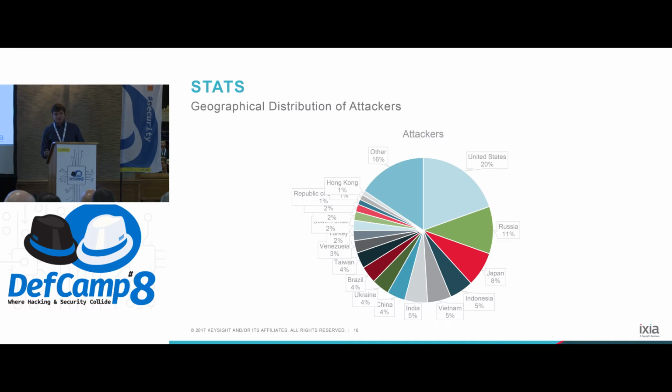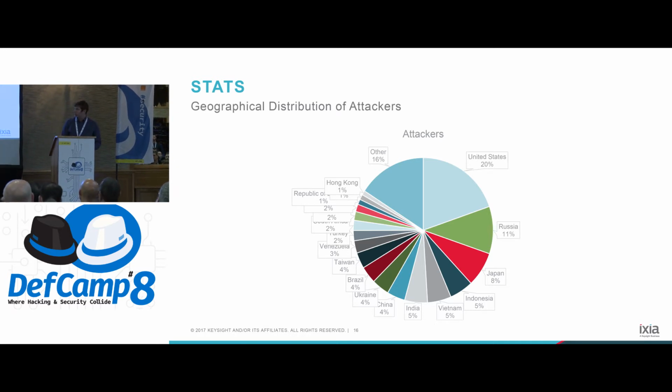Russia, another recurrent candidate. And then a lot of countries from Asia. I could not make meaning of that. I assume there are a lot of Windows boxes in Asia, since there's a lot of Windows malware which spreads around there with different types. Most likely not up to date, and people are exploiting them. But I will show you some stats on the types of hosts that we are seeing.